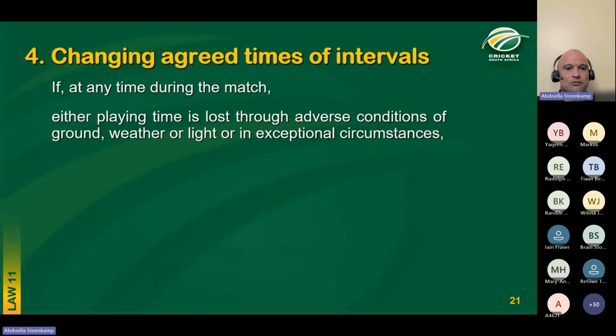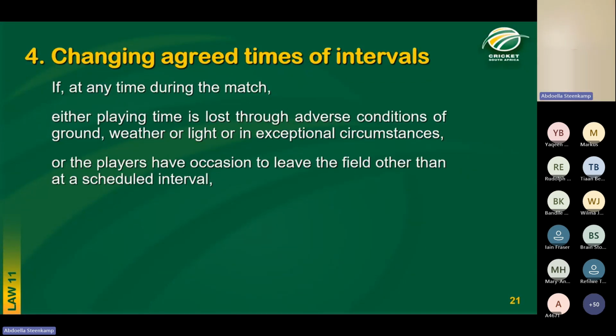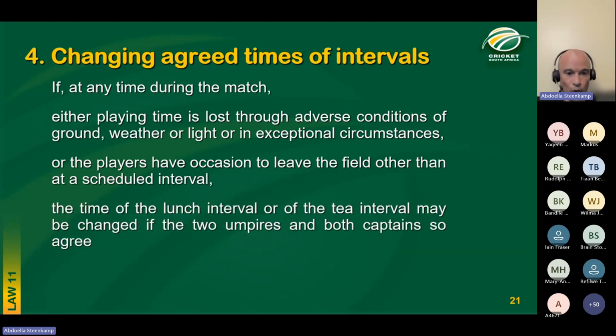The law allows for lunch and tea intervals to be changed at any time if we do lose time due to adverse conditions, whether it's ground, weather, or light. So clause 11.4 allows the umpires and the two captains at any time to change their lunch and their tea interval to maximize play.